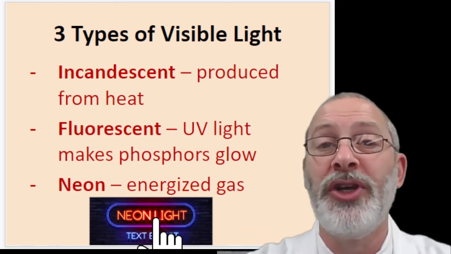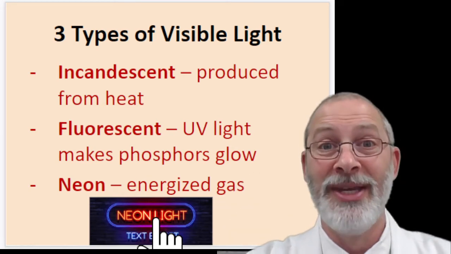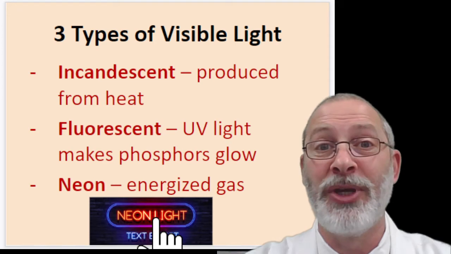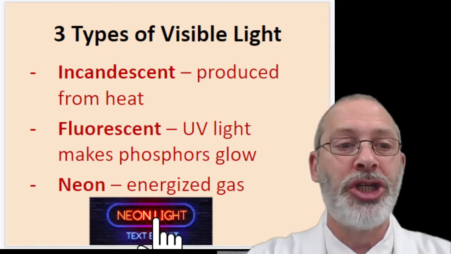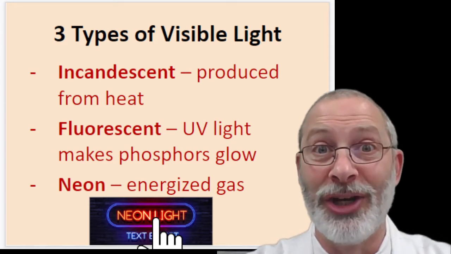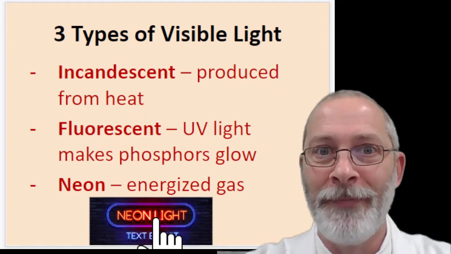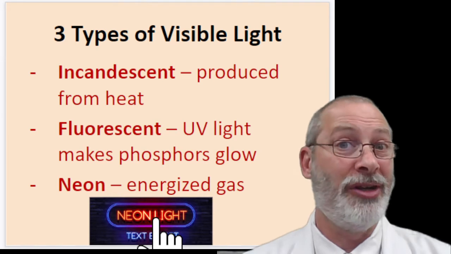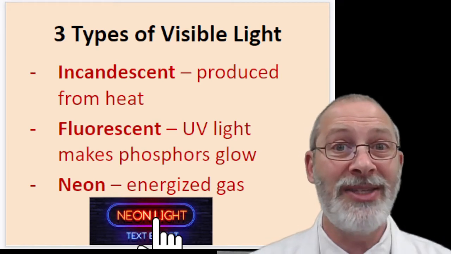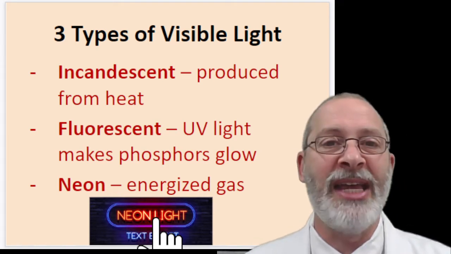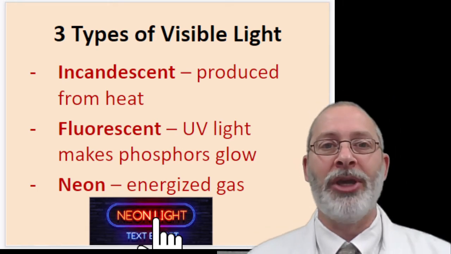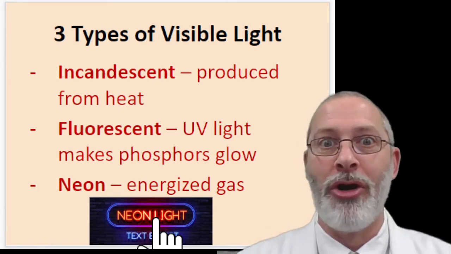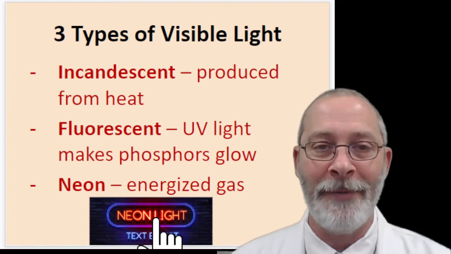It's because they're filled with other elements, the gases of other elements, because different elements shine different colors, which is pretty cool. So calling all of those kinds of different colored glowing lights neon lights is really scientifically inaccurate, because only the red ones, the reddish orange ones, are filled with neon.